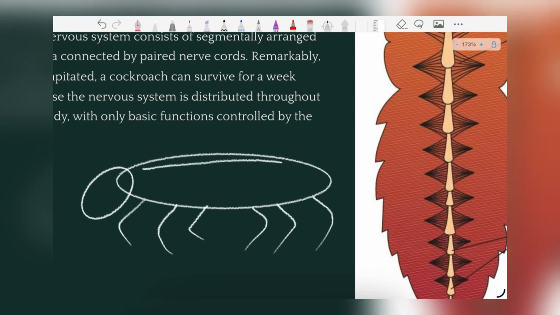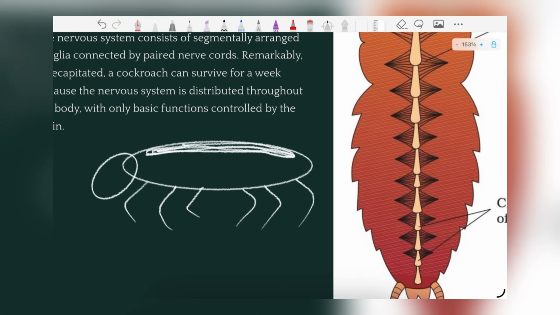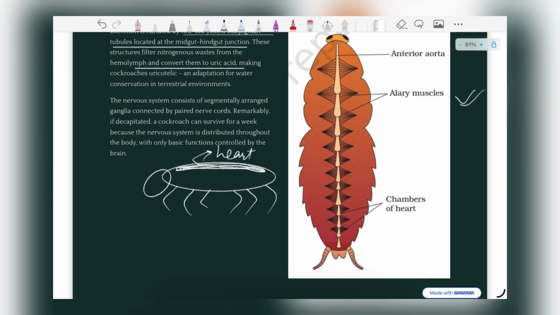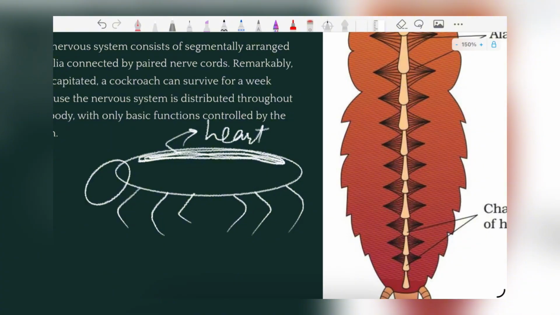This is over here. It contains the heart and spiracles and everything like that. It possesses the heart and everything like that. Okay, and this is the digestive system. Here is their mouth, and here is the digestive system. It is not linear, of course.